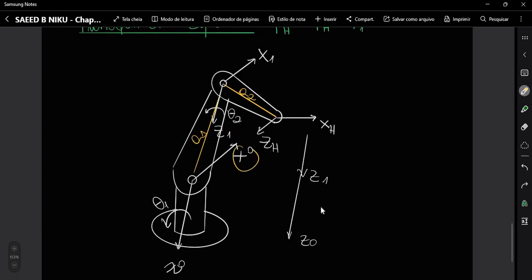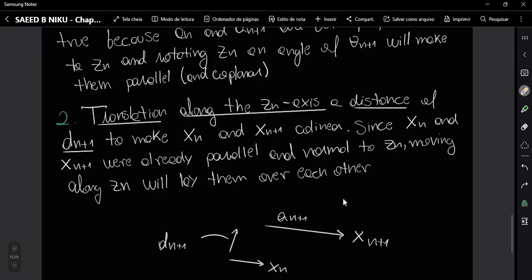So x0 got in parallel with x1. And right here, again, the second motion is a translation along the zn axis, a distance of d, to make xn collinear with xn plus 1.